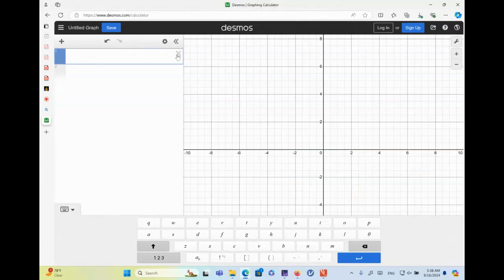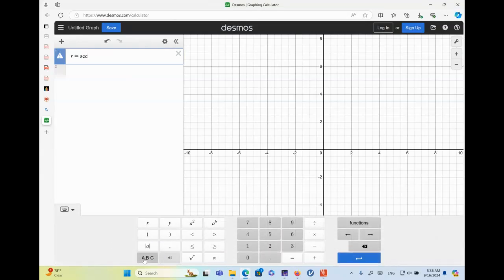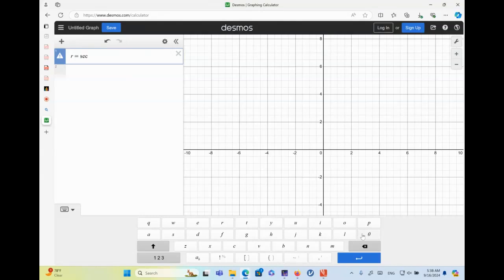If I clear this one and just say R is equal to secant theta, are they the same? You can see it is exactly the same. So this is the graph of R is equal to secant theta.